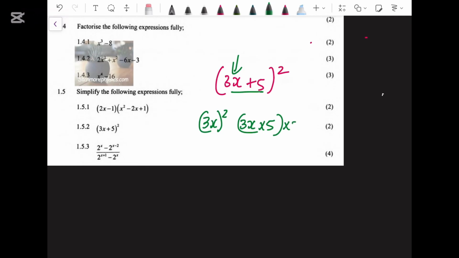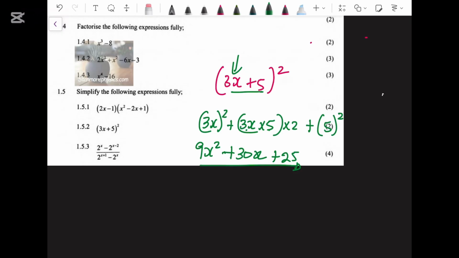All times 2. And then you square the last term. So you just say plus, and then you have 5 squared. So the final answer here will be 9x squared. And then 3x multiplied by 5. It will be 15x times 2, so it will be plus 30x. And then 5 squared, this is plus 25. And then we are done with this one.